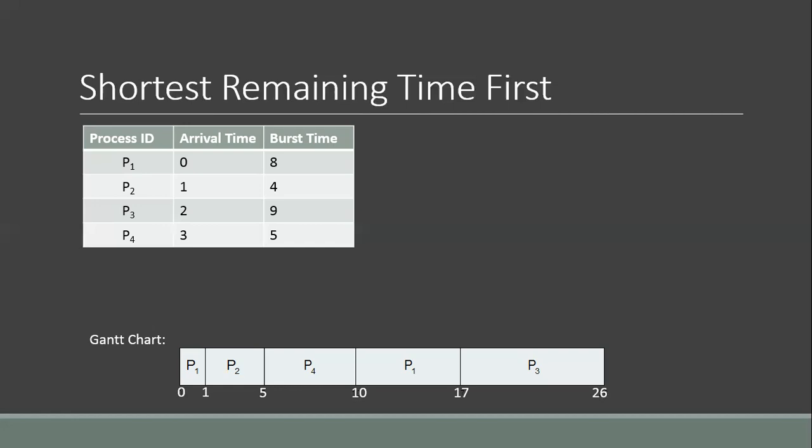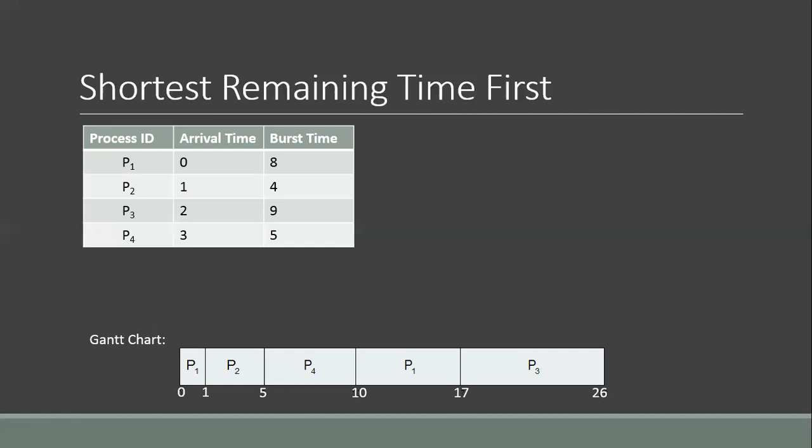So the burst time of the process P2 is 4. And what is the remaining burst time of process P1, which is currently running in the CPU? That would be 7. Remember, this is not 8 because process P1 is already running in the CPU, and at time 1, it has completed a part of its burst time.